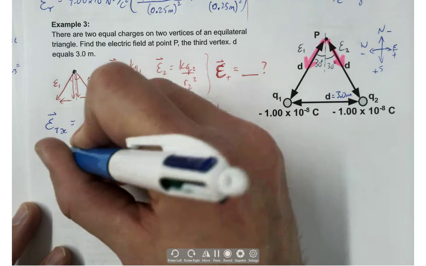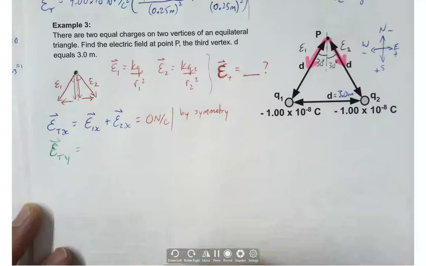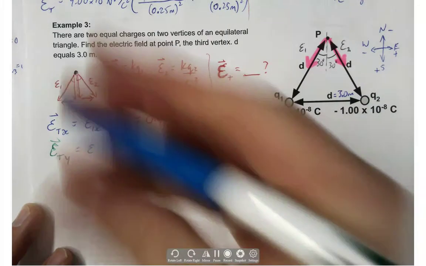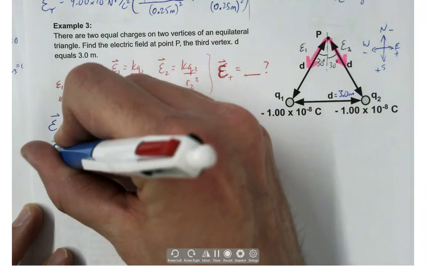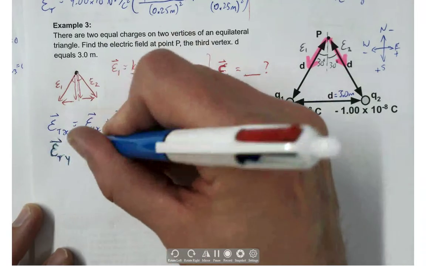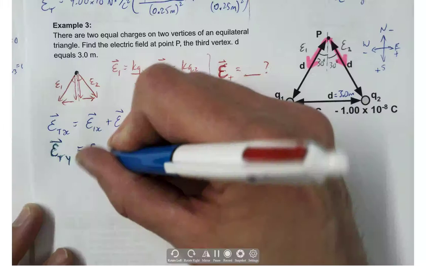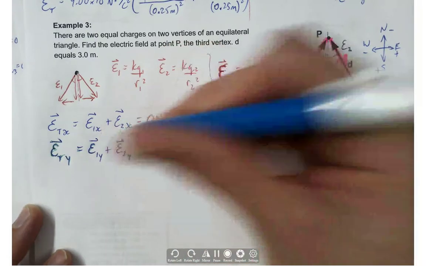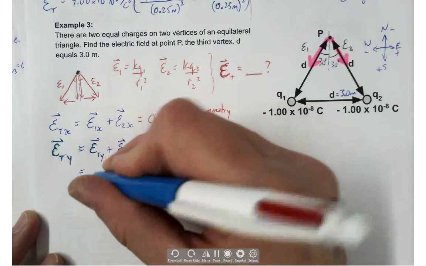Epsilon total y, though, is going to end up being... Oh, my green ink is running out. Switch back over to blue. Epsilon 1y plus epsilon 2y. If I'm going to expand that out, that's going to be epsilon 1.